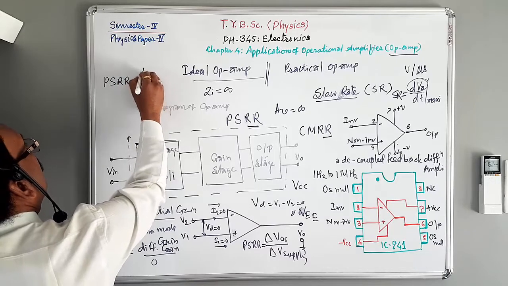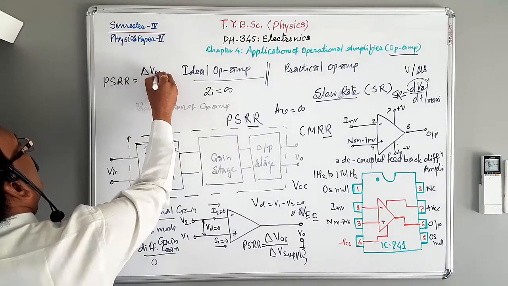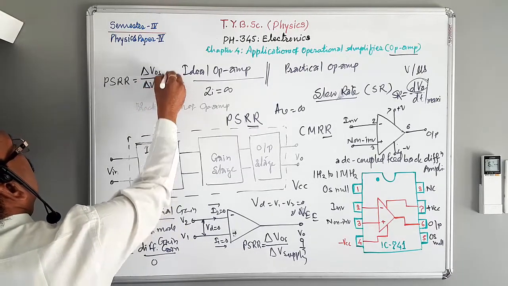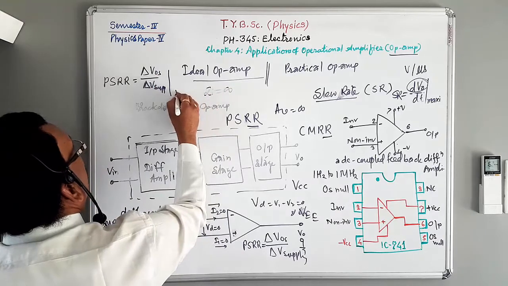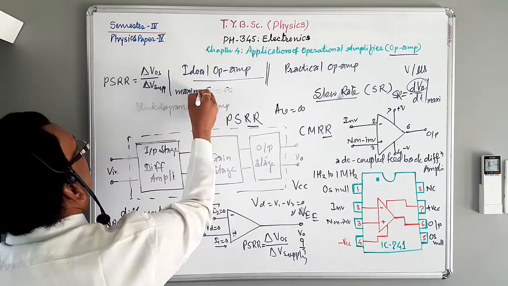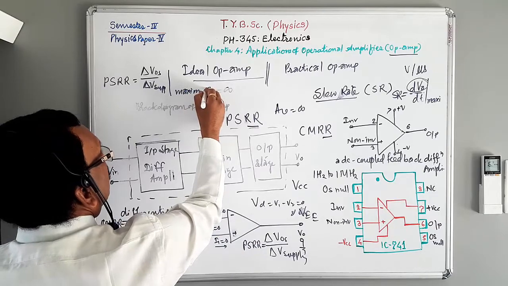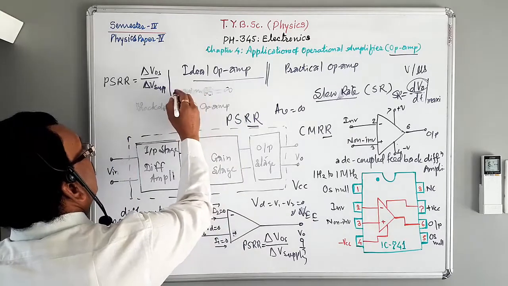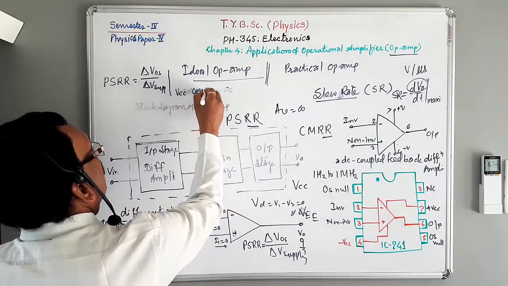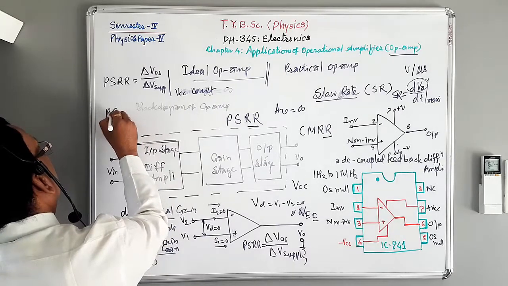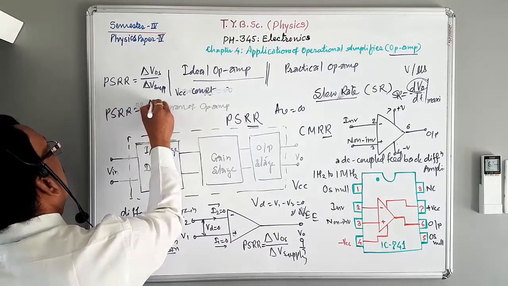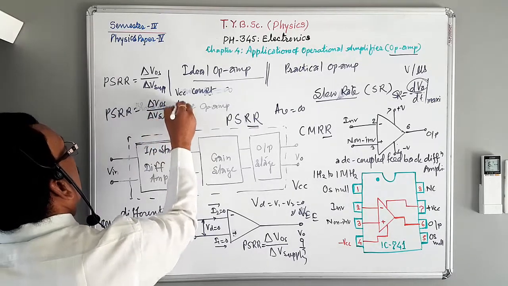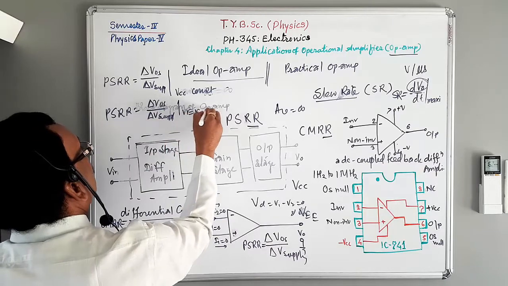PSRR is equal to delta VOS upon delta V supply at constant VCC, and also PSRR is equal to delta VOS upon delta V supply at VEE constant.